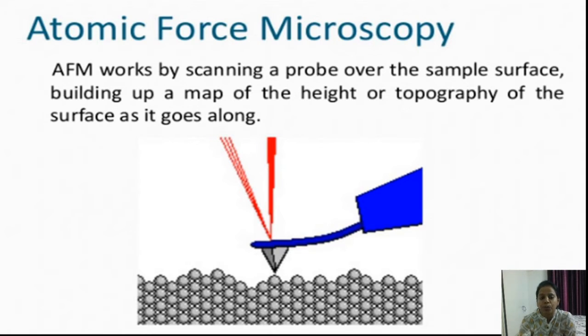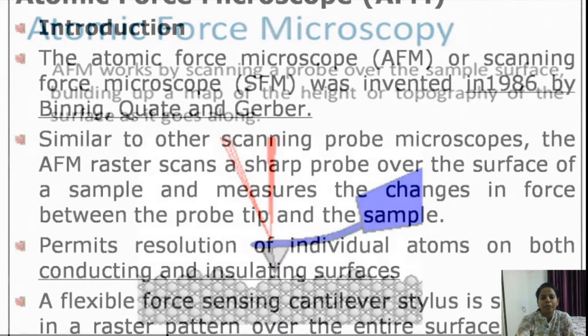It is also known as AFM, and it works by scanning a probe over the sample surface, building up a map of the height or topography of the surface as it goes along. You can see that the cantilever beam's tip is touching the surface of the sample, and the reflection of light is being detected.